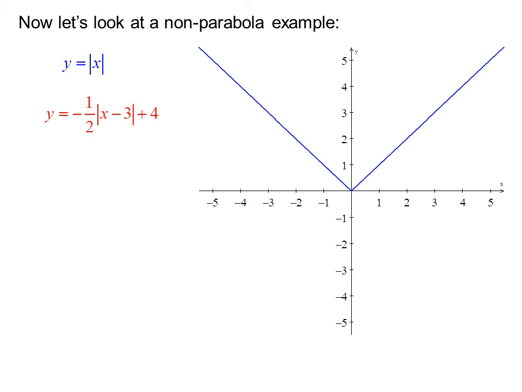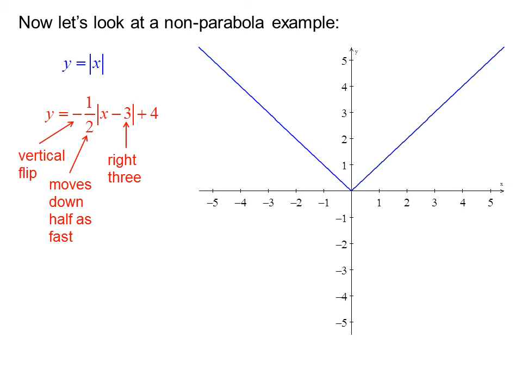If I have y equals negative 1/2 absolute value of x minus 3 plus 4, I see that it has a vertical flip. It moves down half as fast. It moves down because it's been flipped over. It's been shifted right 3 and up 4.